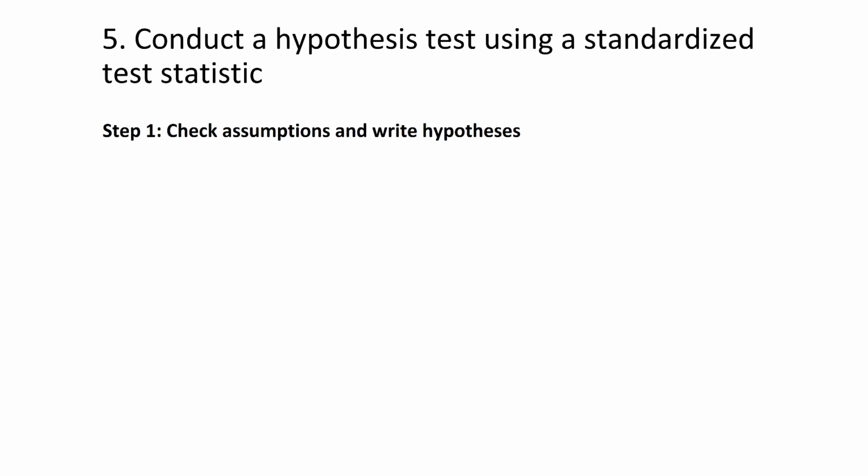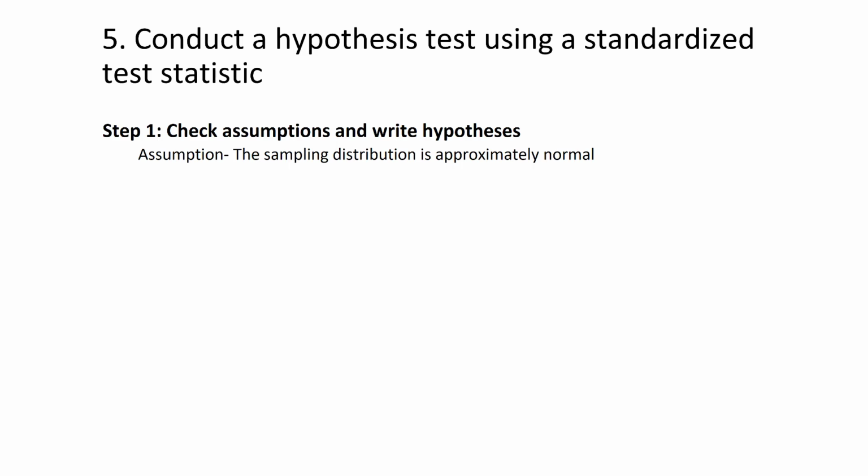Step 1 is to check assumptions and write hypotheses. The assumption is that the sampling distribution is approximately normal. In Lessons 8 and 9, we'll learn about some conditions that can be met to satisfy this. For example, if the sample is at least a given size, or if there are at least a certain number of successes and failures.